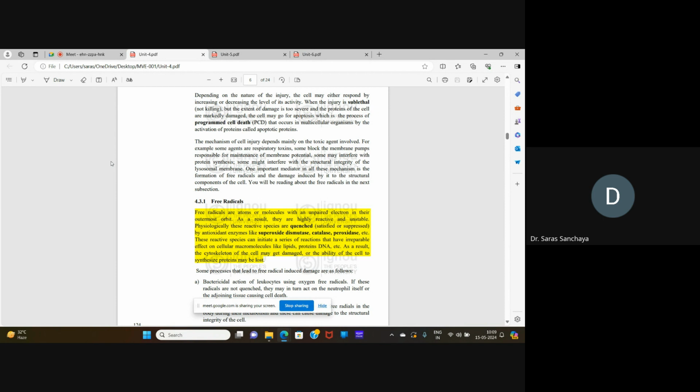These reactive species can initiate a series of reactions that have irreparable effect on cellular macromolecules like lipids, proteins and DNA, etc. As a result, the cytoskeleton of the cell may get damaged or the ability of the cell to synthesize proteins may be lost.